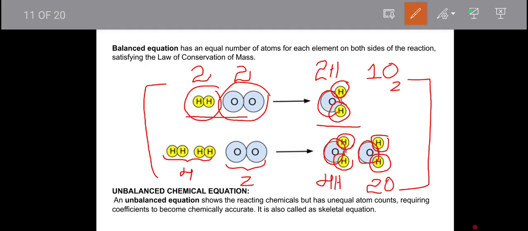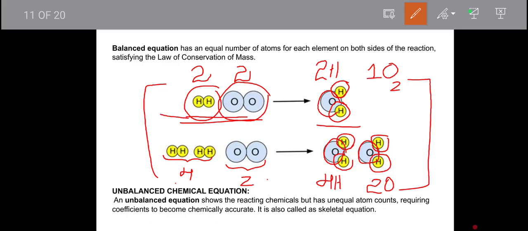So from this only you got the difference, right? In the first equation, the number of hydrogen and oxygen atoms on the reactant side and the product side are not equal. But in the second case, the number of hydrogen and oxygen atoms on the reactant side as well as the product side are equal, right?